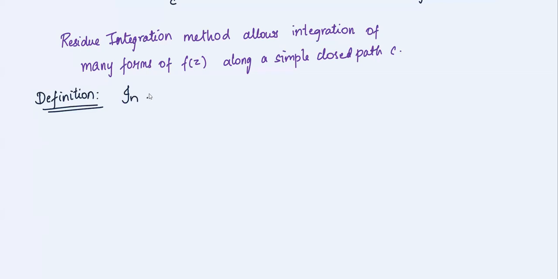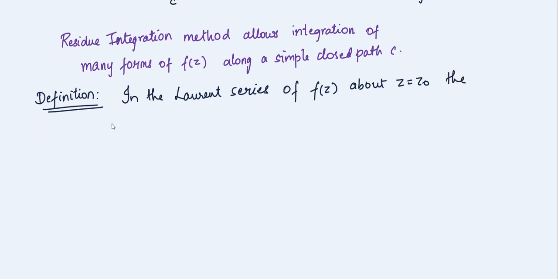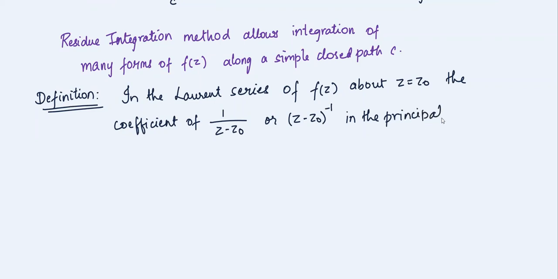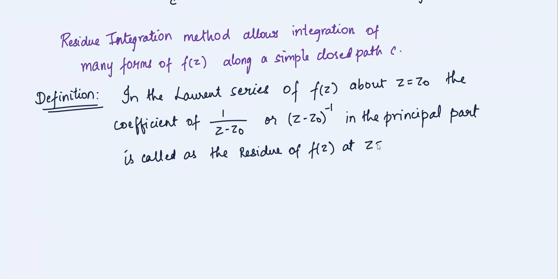In the Laurent series of f of z about z equal to z naught, the coefficient of 1 by z minus z naught, or z minus z naught to the power minus 1, in the principal part of the Laurent series is called the residue of f of z at z equal to z naught.